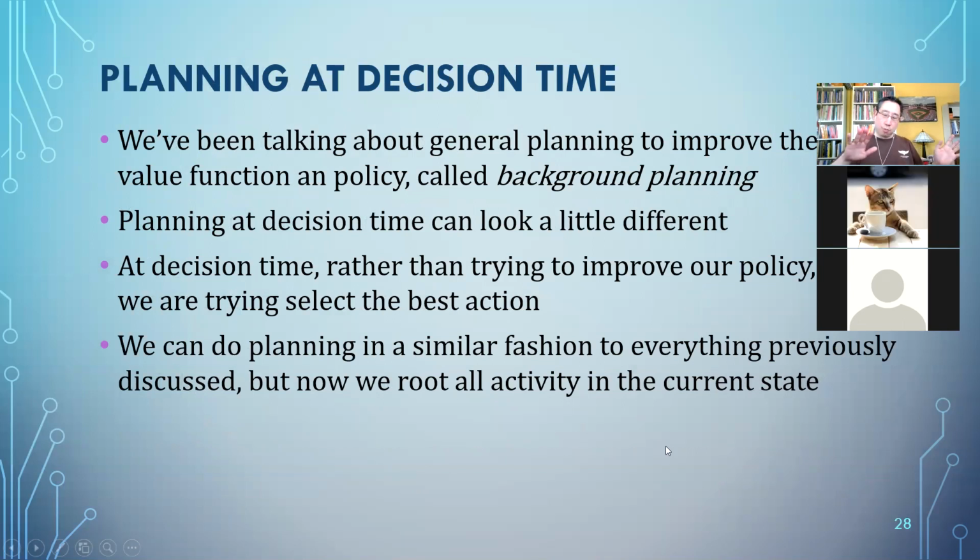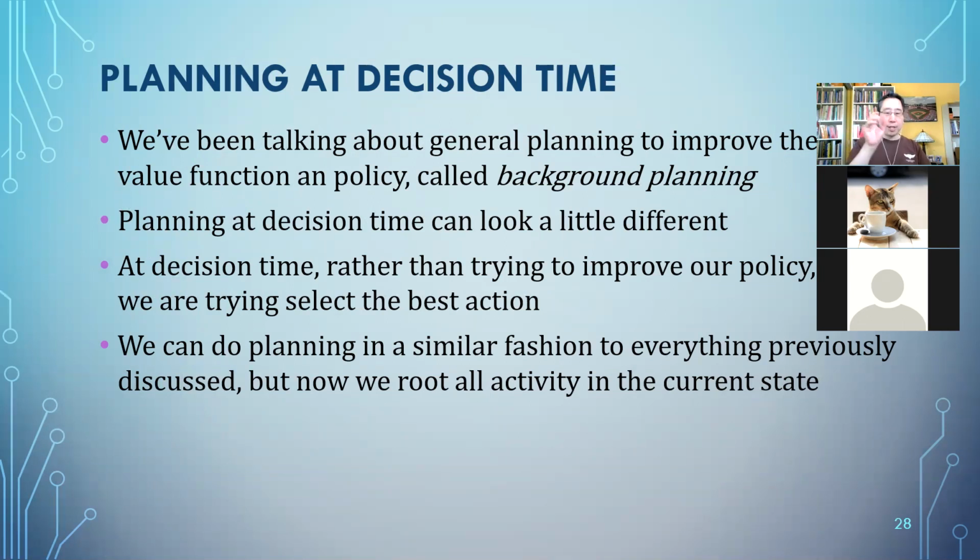So then moving forward a little bit on this concept of planning, we've been talking about what's called background planning. So the idea is that we're just generally improving the value function and improving our policy. What we can now talk about is focusing planning at decision time.